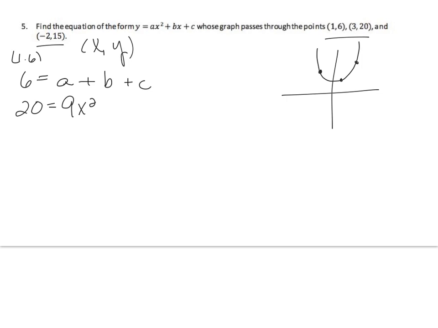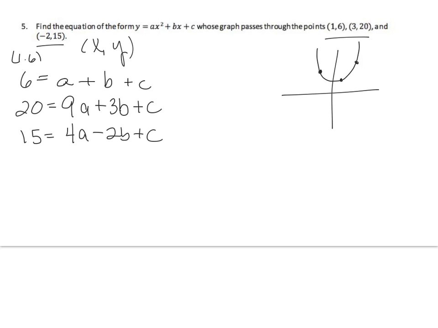Oh, I did that backwards. So I plugged 3 in for x, and I got 9a plus 3b plus c, and then negative 2, 15. Negative 2 squared is 4. Negative 2b and c.